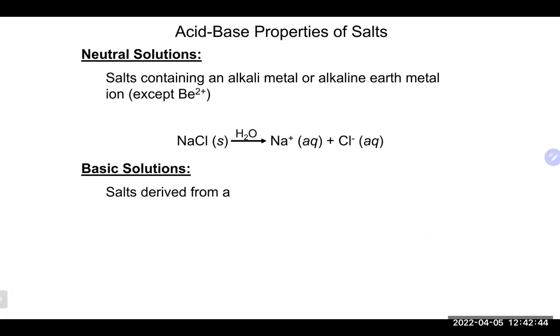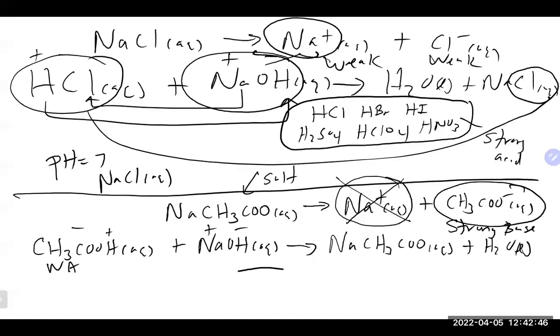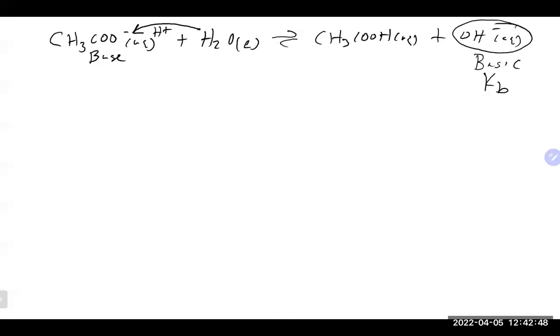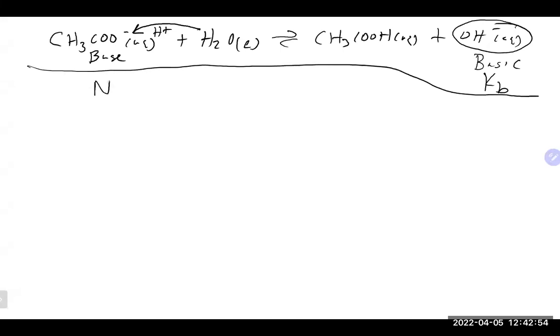Now, there's also acidic salts, which can be produced. So for example, I think the one on your handout there is NH4Cl, I believe. So that is ammonium chloride, which breaks apart into the ammonium ion and chloride.